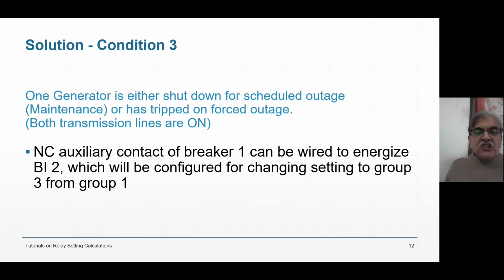You see, some 16 binary inputs are offered by modern relays. REF 615 offers 16 binary inputs, and all binary inputs you can configure for many kinds of facilities. Blocking facility, multiplying facility, starting facility, the group change facility, right?